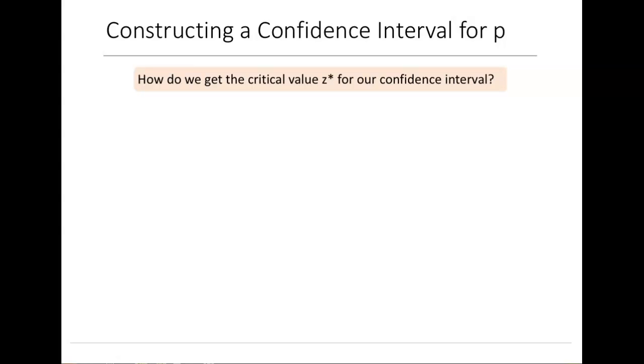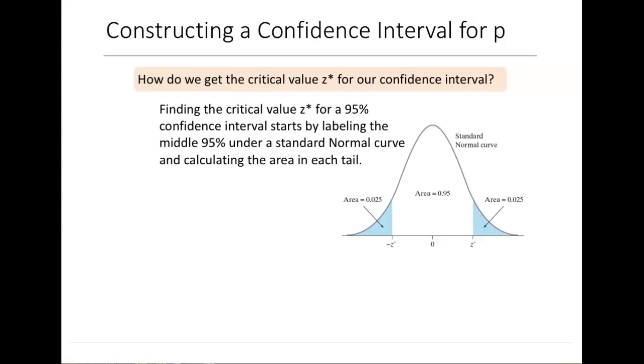All right, so how do we get the critical value z star for our confidence interval? So for a 95% confidence interval, what we want is in the standard normal distribution. So we haven't said that in a while, but that's the one that has a mean of 0 and a standard deviation of 1. And that means z-scores are the values on the x-axis.